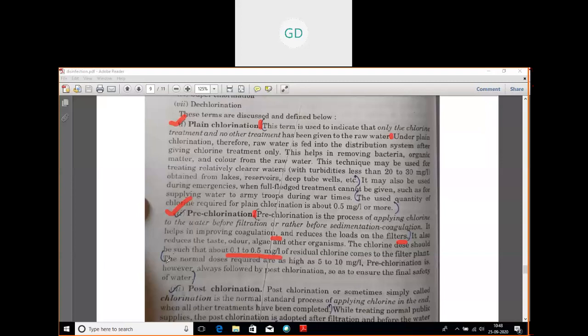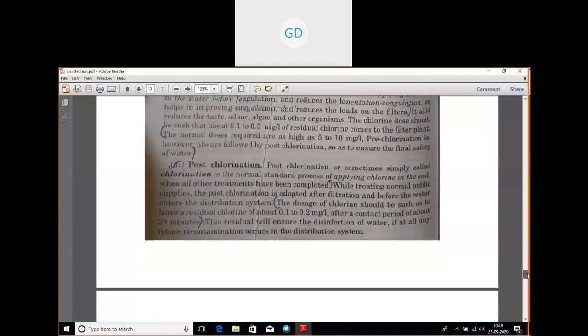The normal dose is between 5 to 10 milligram per liter. After pre-chlorination is done, it is always followed by post-chlorination, so as to ensure the final safety of water.